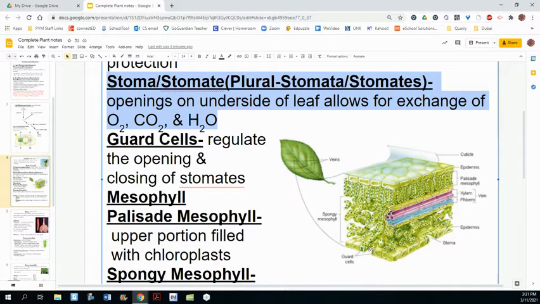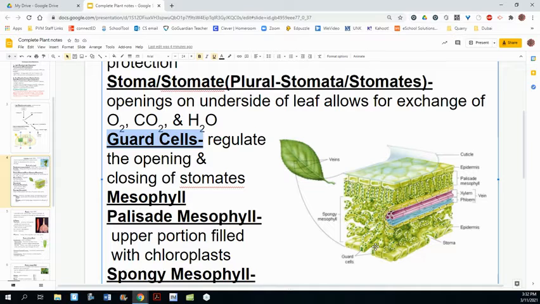Guard cells are the guards of the stoma. They are able to regulate opening and closing those stoma based on how much water is available to the plant. As the guard cells become saturated with water, they fill up and bow outward. When the guard cell is filled with water, the stomate opens up.